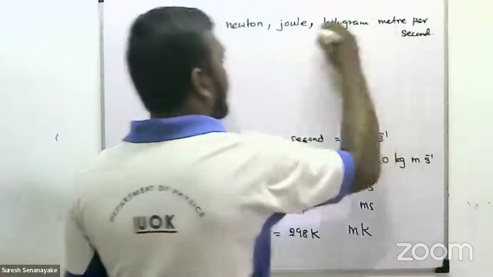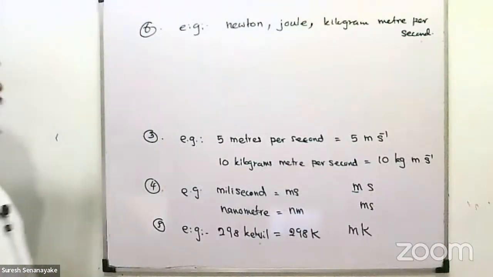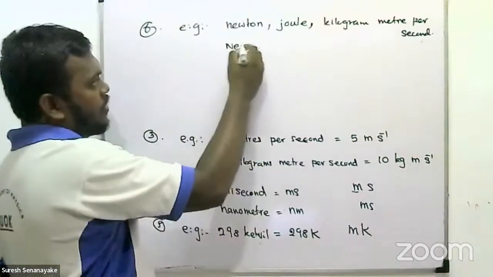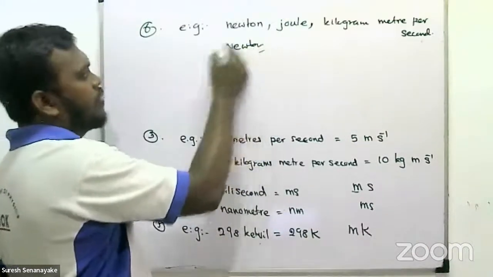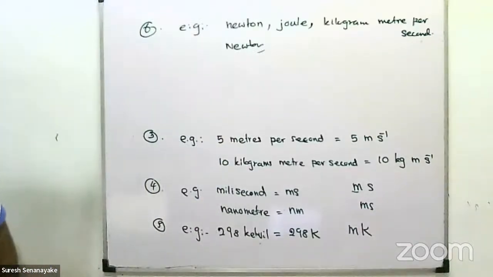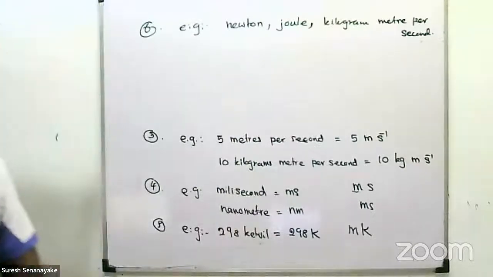These should all be in simple letters, only lowercase. That's the name of the unit. If you write Newton with a capital, it's wrong, because that's the name of the person. This is the name of the unit. So if it is given in simple letters, you can identify it's not the name of the person, it's the unit.